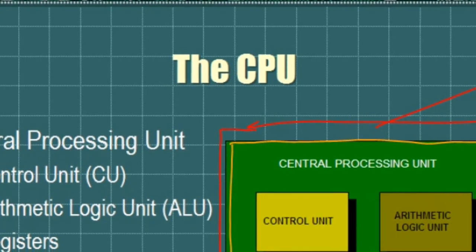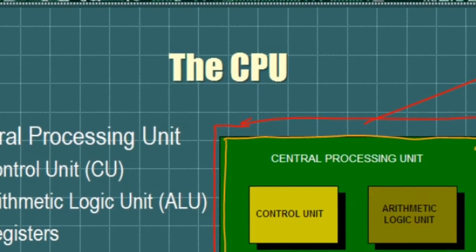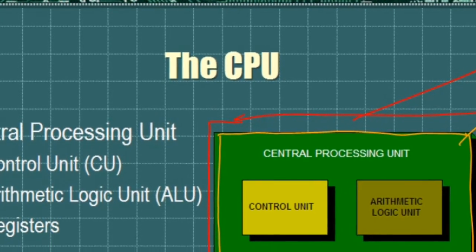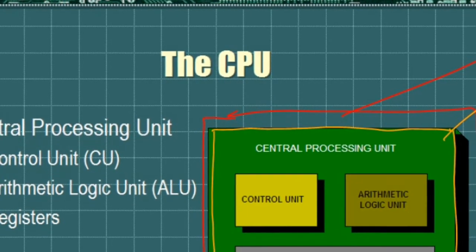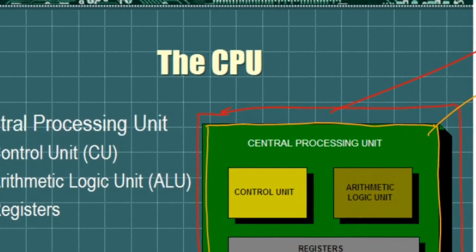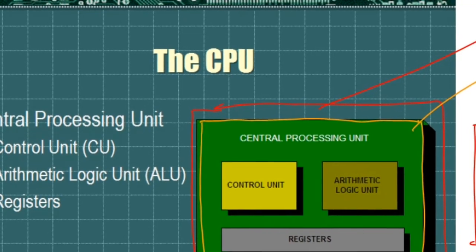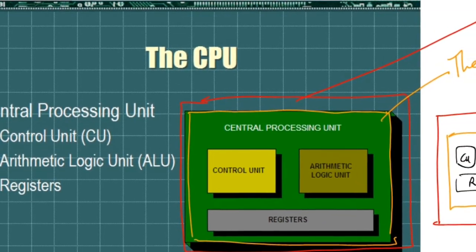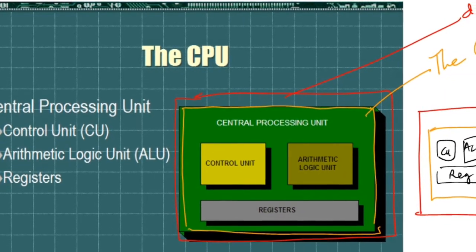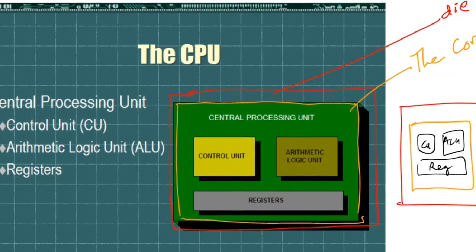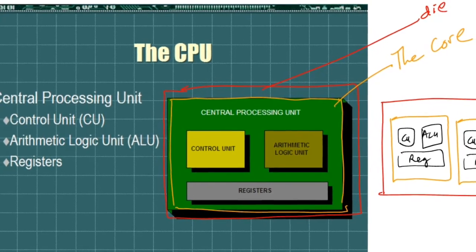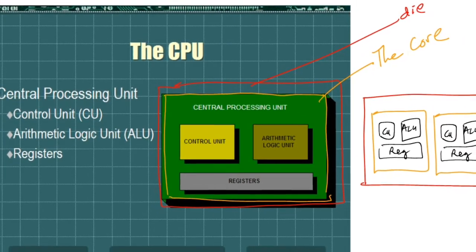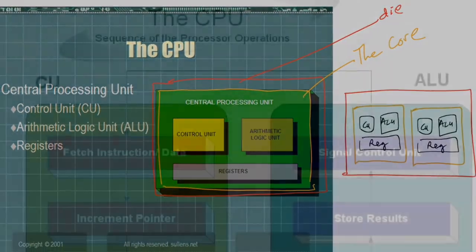If that core resides on a single block of silicon known as a die, then we call it a single core processor. However, if that die contains more than one core, then we're dealing with a multi-core processor. The example on the screen shows two cores on one die. That's a dual core, baby.